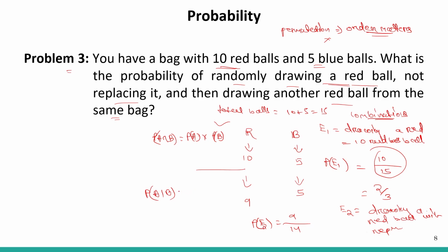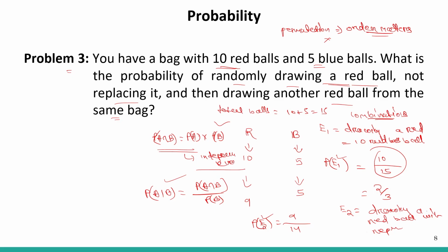We know that the formula says P of A intersection B divided by P of B. So this is what conditional probability gives us, right? If we denote these two scenarios and use conditional probability, we can arrive at the solution, because we can't use the formula P of A intersection B equals P of A into P of B when the events are not independent.